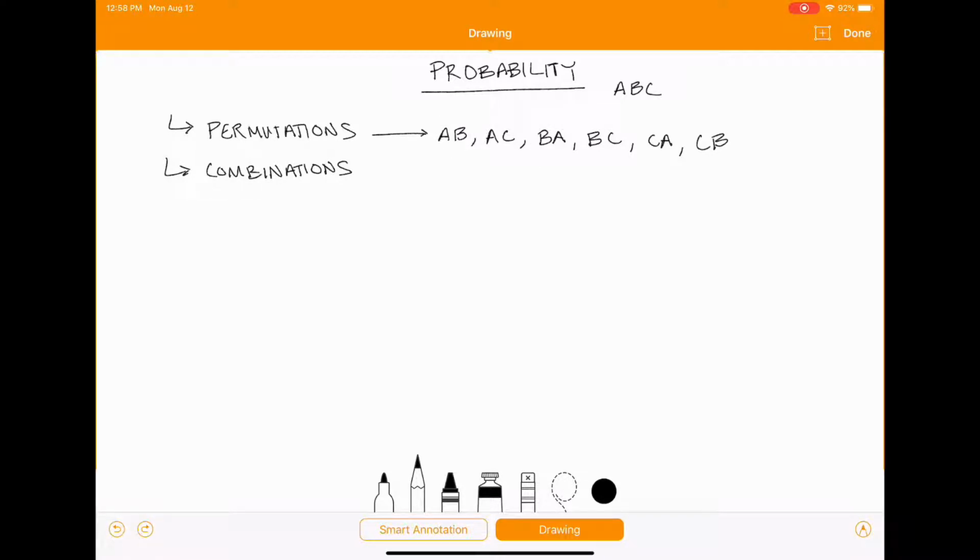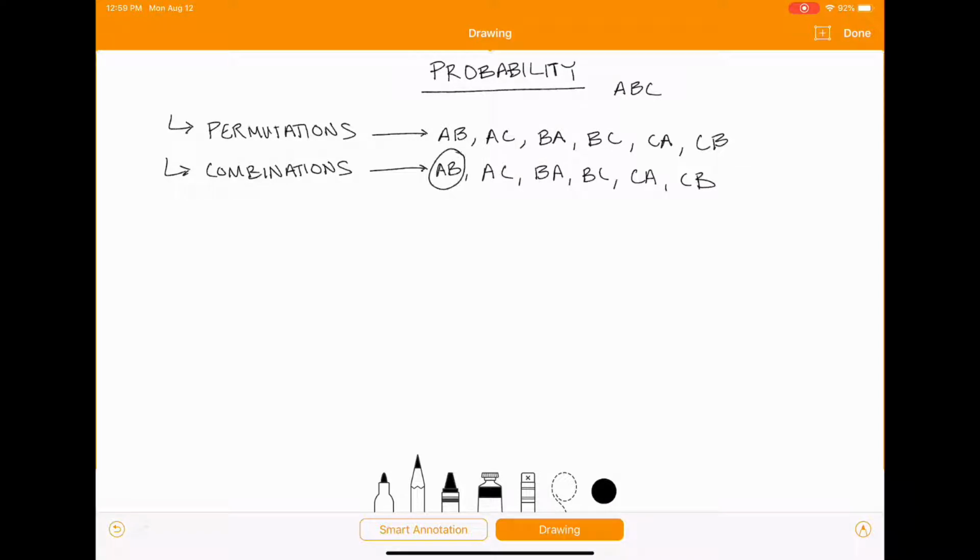So that would be permutations. However, a combination is a selection of objects where the order in which the objects are chosen is not important. So for our combinations, if we laid out all of our different permutations, AB, AC, BA, BC, CA, CB, now our order doesn't matter.